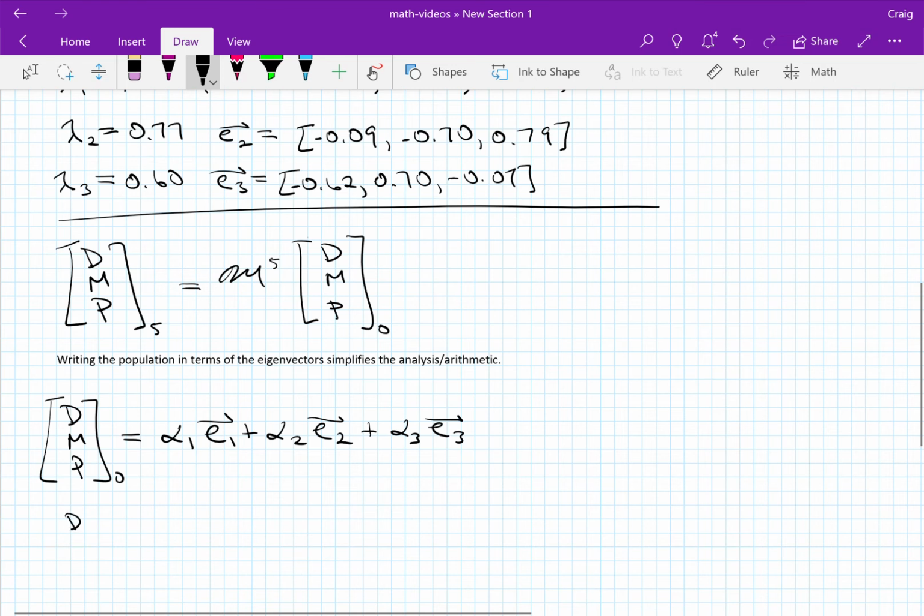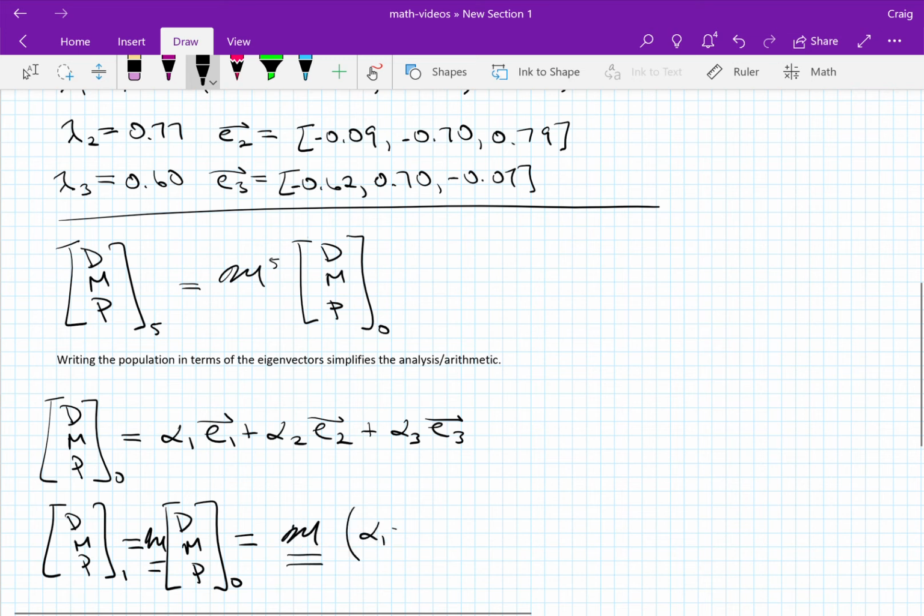So DMP in year 1 is DMP in year 0 times the Markov matrix. But if I write that in terms of the eigenvectors, M acting on alpha 1 E1 plus alpha 2 E2 plus alpha 3 E3.